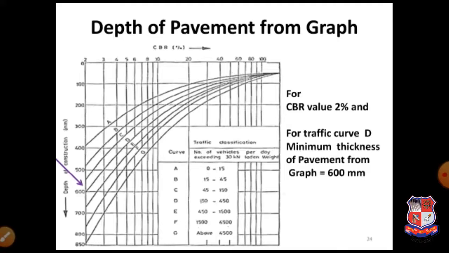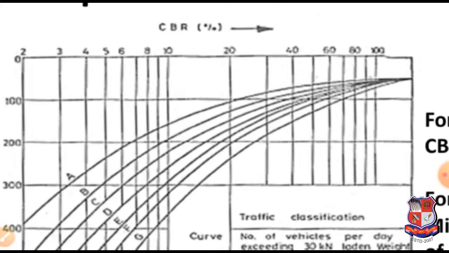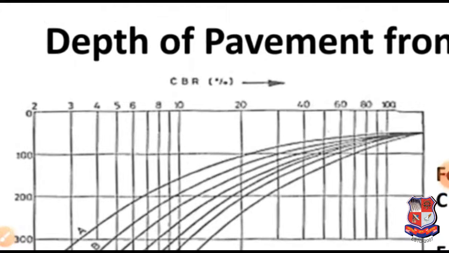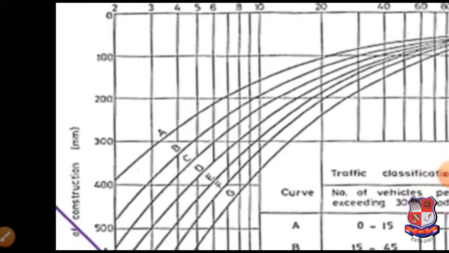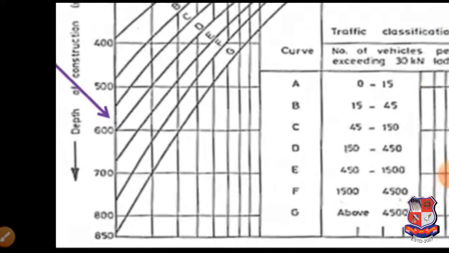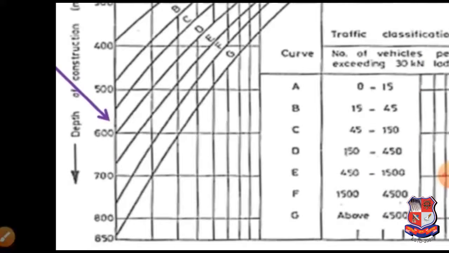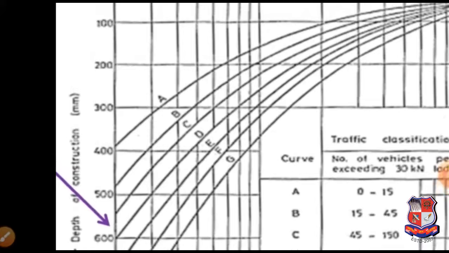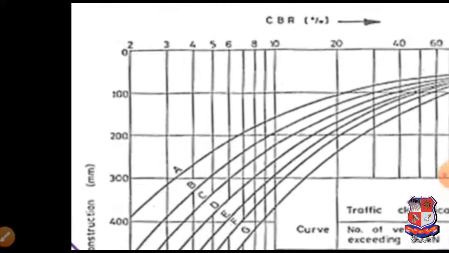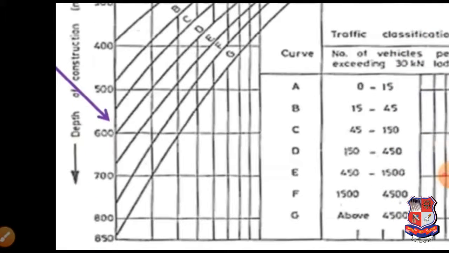For deciding the depth of pavement, this graph is used. In this graph, on the x-axis, CBR percentage is shown from 2 to 100, and on the y-axis, depth of construction in millimeter from 0 to 850 millimeter.